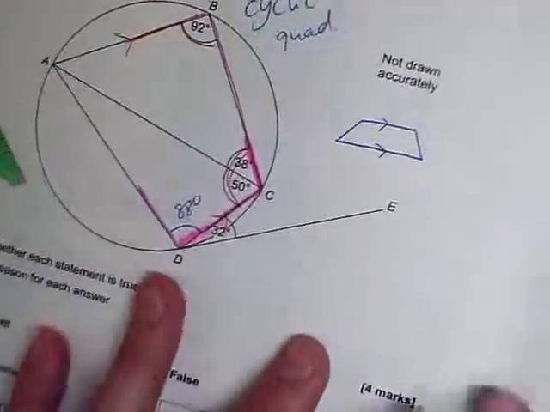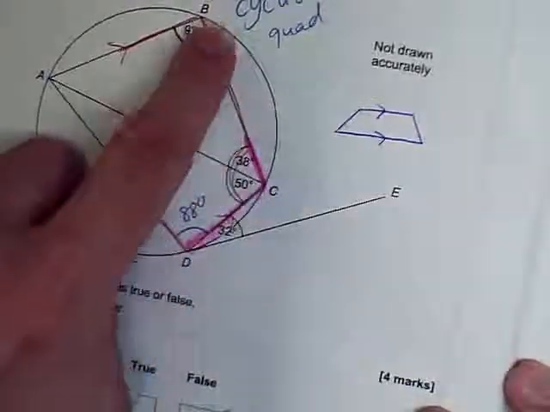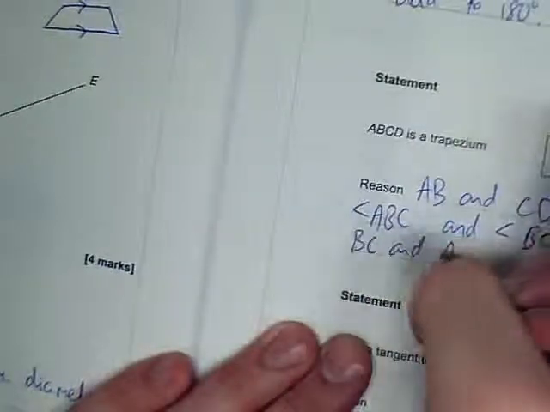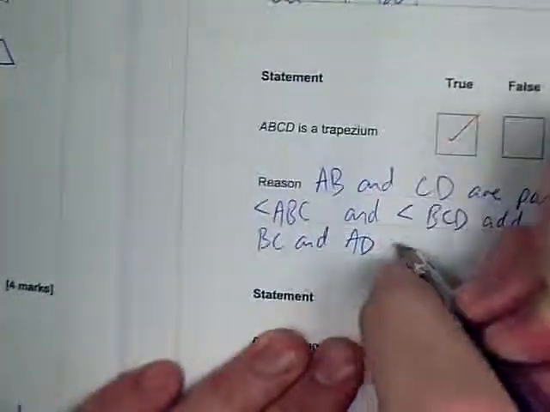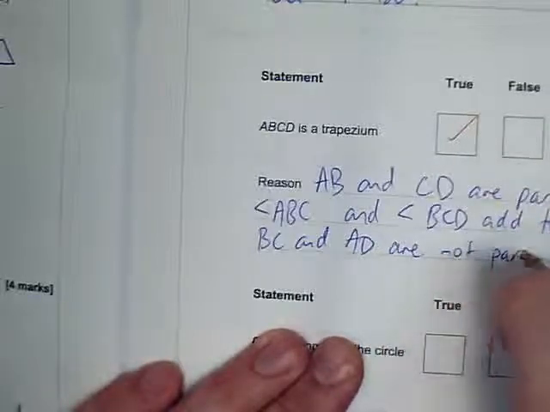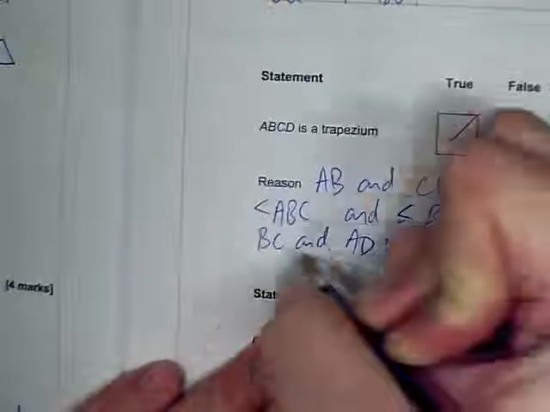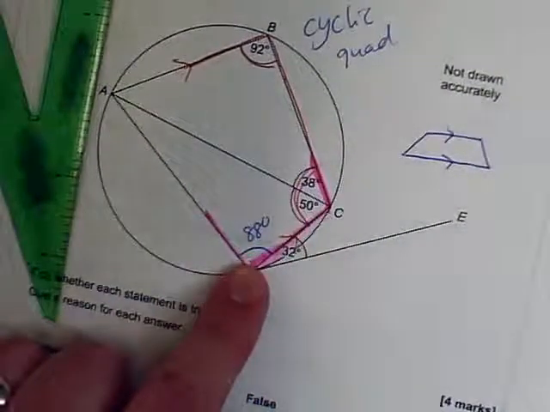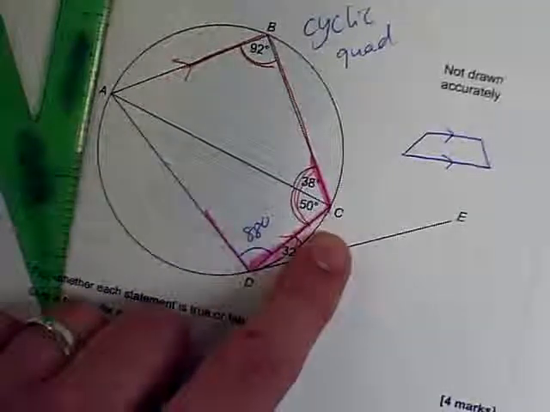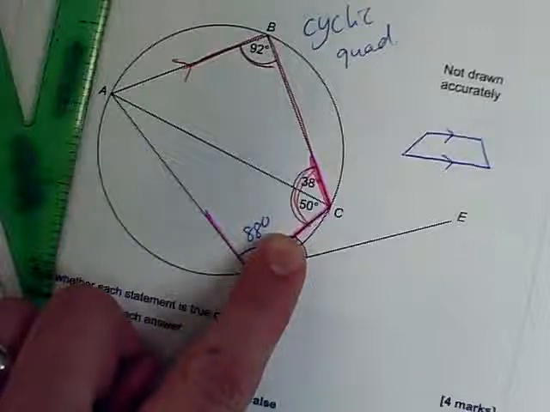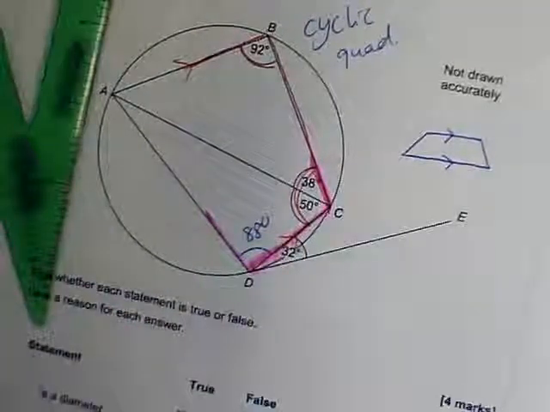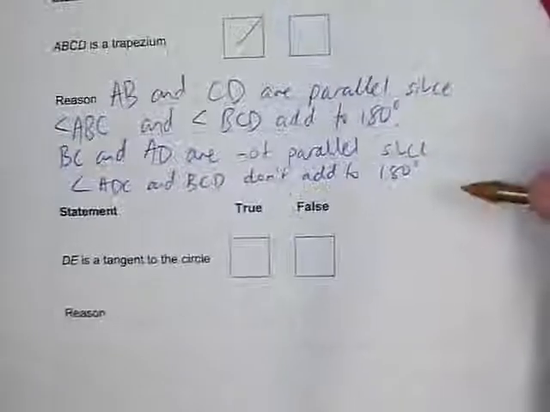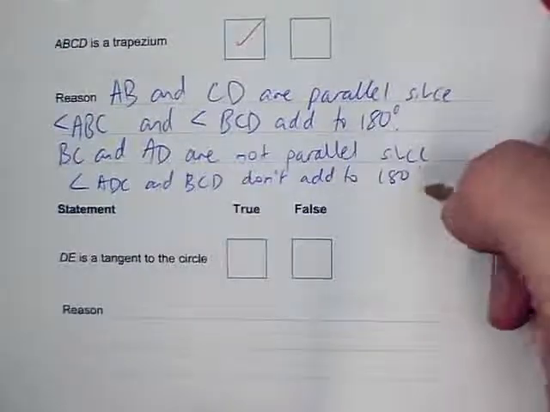And then I'm going to say that the other pair of lines, BC and AD, are not parallel, since angle ADC and this angle here, BCD, do not add to 180 degrees.